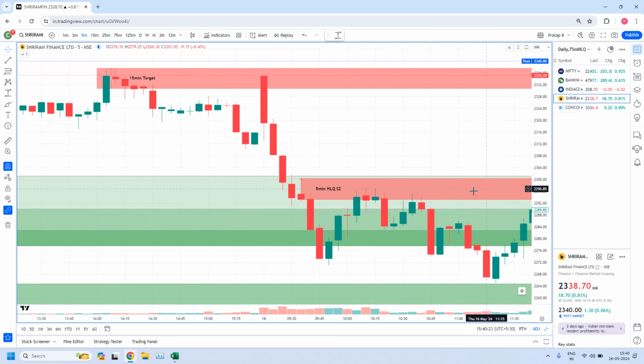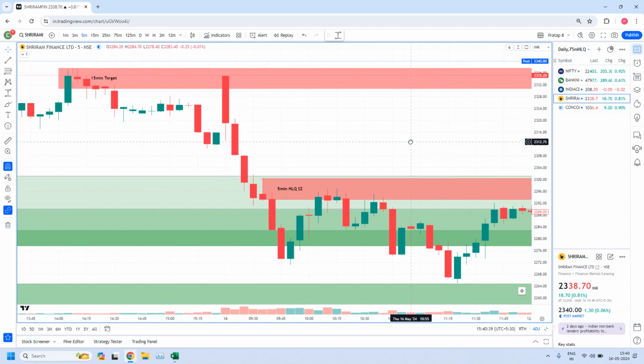That's why I told you, this is the area that will not let prices pass easily. That means you need to book your profit here. That is the indication. If not, at least use a 1 minute trailing stop loss.